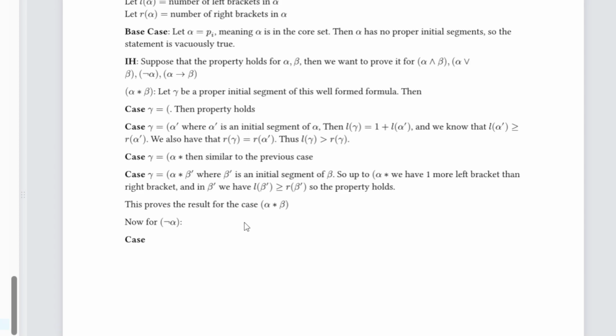We'll say case gamma equals open bracket not, and this works just by one left bracket, no right bracket.